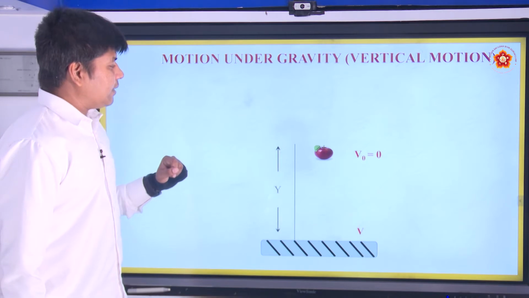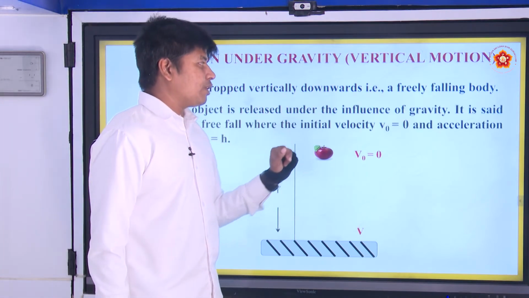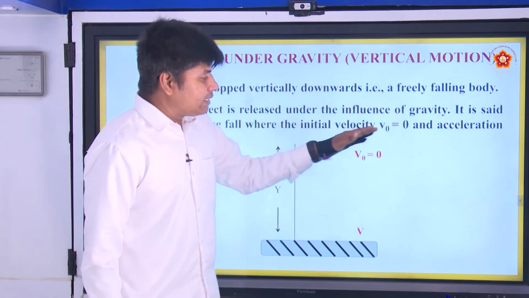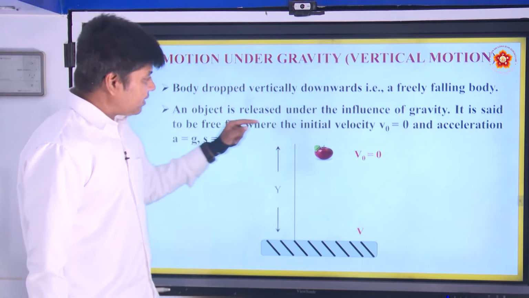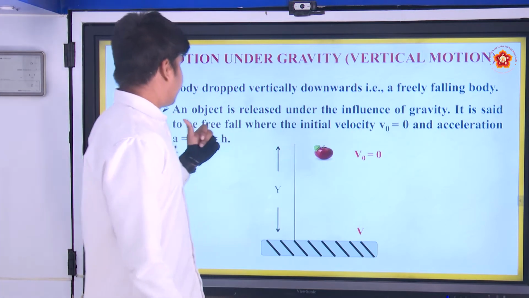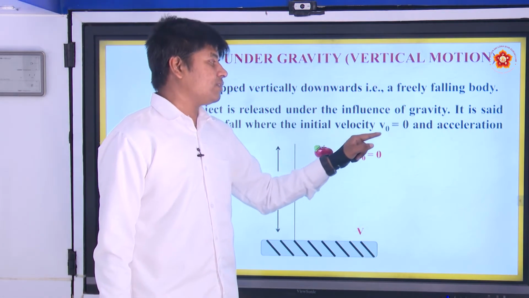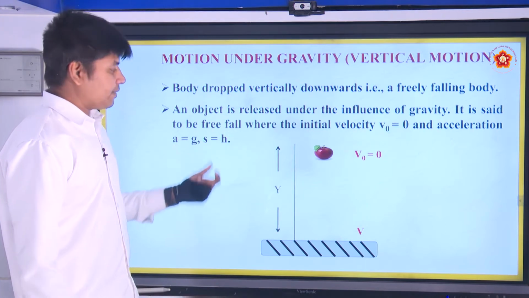Here you can see a body is dropped vertically downward, that is the freely falling body we can call it. Here V naught is 0, the initial velocity is 0. How? When an object is released under the influence of gravity, it is said to be in free fall, where the initial velocity V naught is 0 and the acceleration is equal to g.